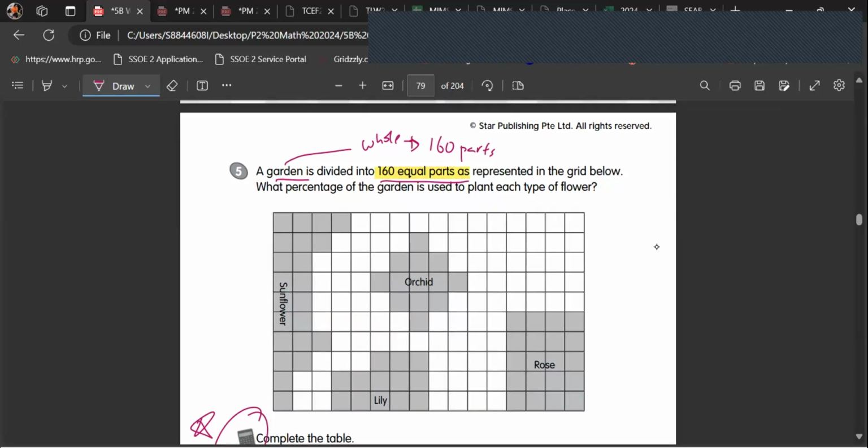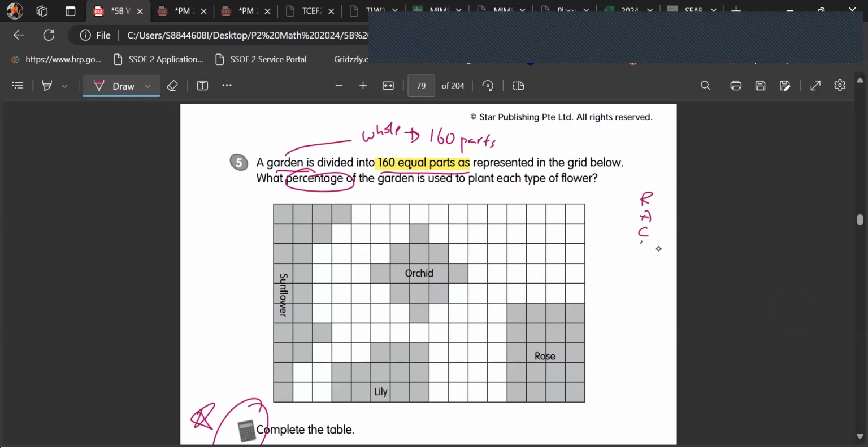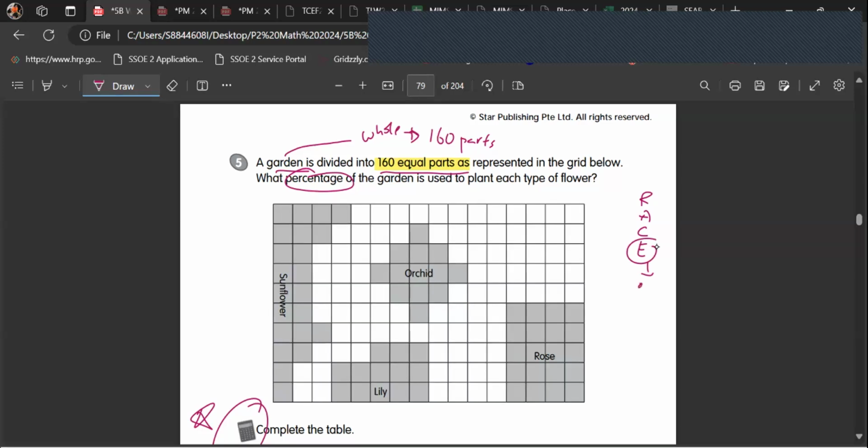So the first mistake is if you thought that it was 100 parts, then your whole question is gone already. So that's why you really must read the question. Then the answer is required in percentage. It's not asking for percentage here. This one is.